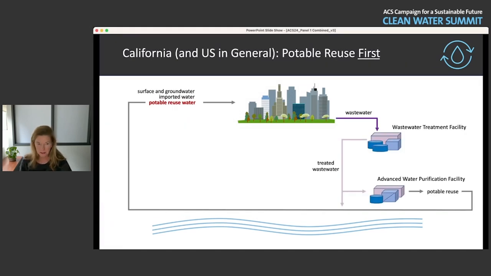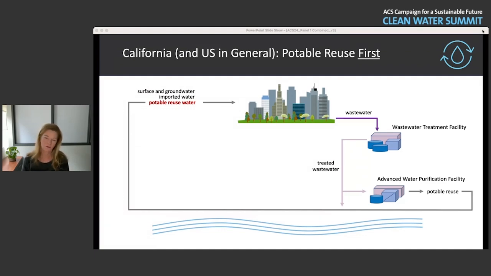That has led us in California and the US in general to instead focus on the supply we can get from potable reuse. So here we see the wastewater that leaves the city going to a wastewater treatment plant. Historically, that treated wastewater has just been discharged to the ocean or to a receiving body.